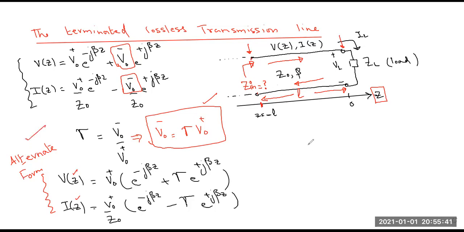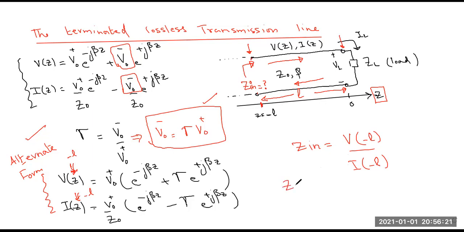If I want to find out Zin, I will substitute V at z equal to minus L divided by current at z equal to minus L. So all you need to do is replace z over here by minus L and similarly z over here by minus L. Let me go through some of the steps so that it becomes easier for you to solve it yourself in a step-by-step manner.